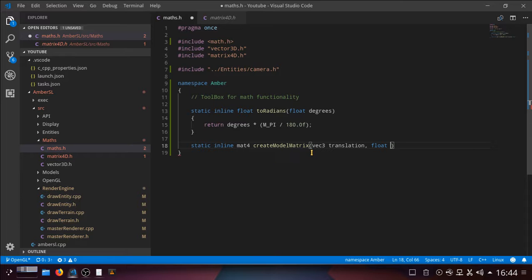We would have its rotation, X, Y, Z. Now I know we've already got these, so it's float. I'm just going to say rotation. Rotate. Rotation and X. Does that look right? Yeah, that looks right.